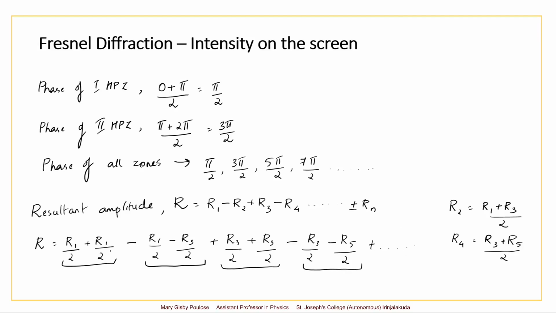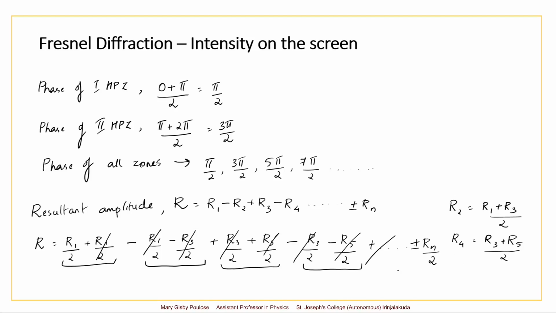Now if you look at these terms, R1 by 2 cancels out with minus R1 by 2. Minus R3 by 2 cancels out this term. Again, these two terms cancel out. Likewise, R5 will be cancelled by the neighboring term. Finally, the remaining term will be plus or minus Rn by 2.